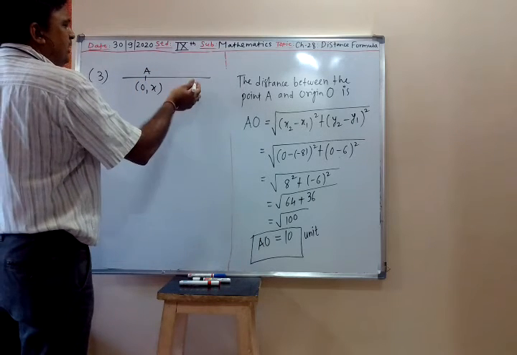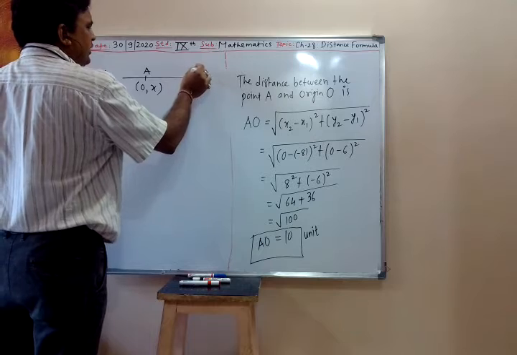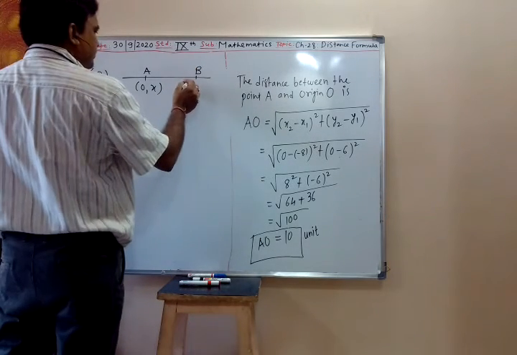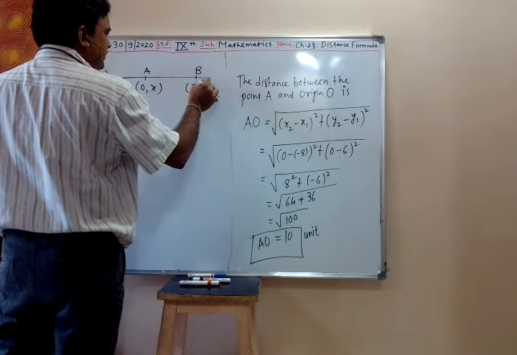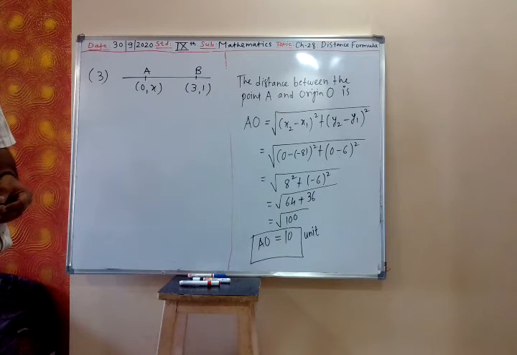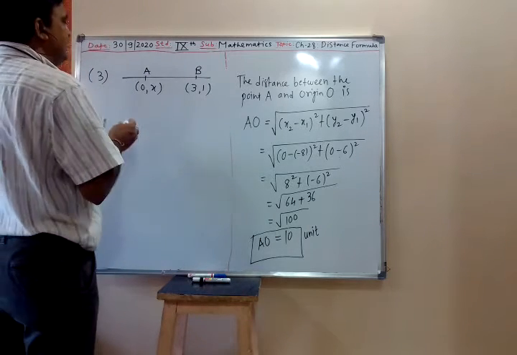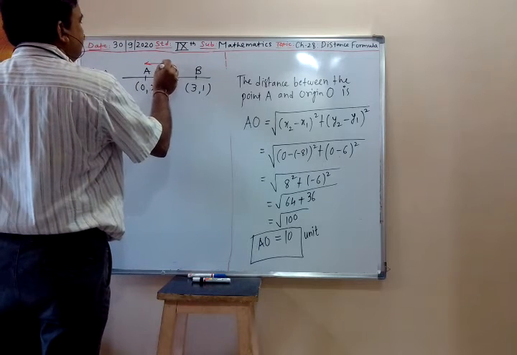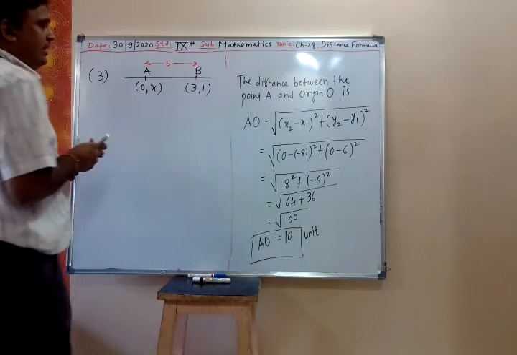You can take any point as first, and you can take another point as B, which is 3, 1. You can take any point in any order. Now the distance between them is given 5. So the distance between A and B is given 5. Find x.